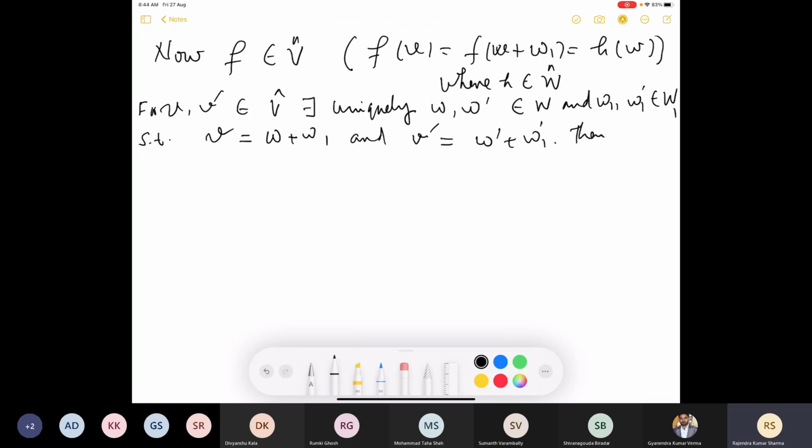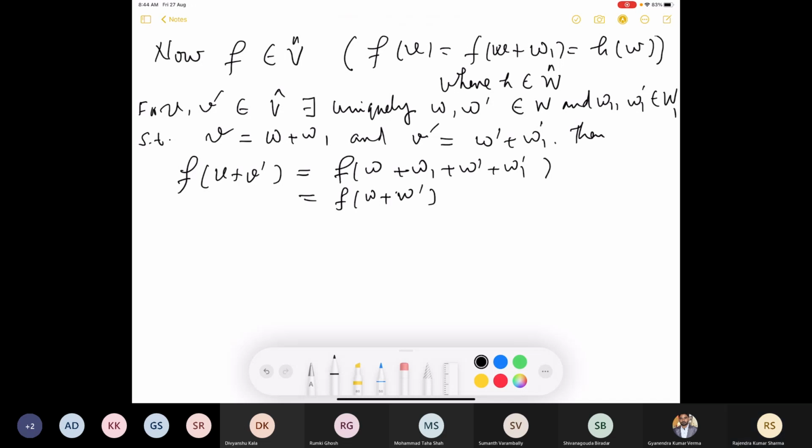But then how the map is defined, f of v plus v prime is f of w plus w1 plus w prime plus w1 prime. Now this is f of w plus w prime plus w1 plus w1 prime. Now this is an element of W1, this is an element of W, and the map is defined such that this is the same as h of w plus w prime.